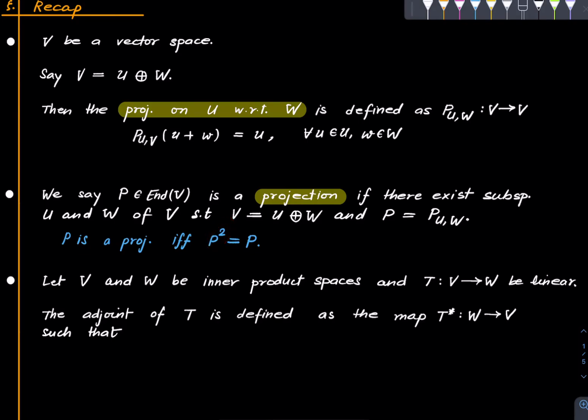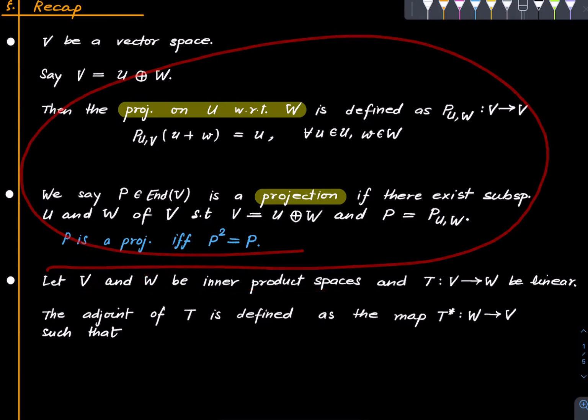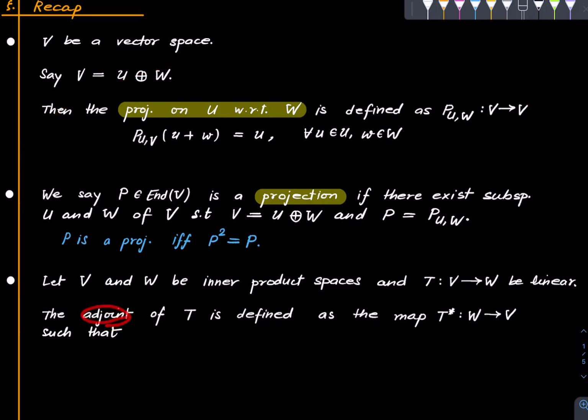Now let V and W be inner product spaces. So that's so much for projection. Now we are going to recall the notion of the adjoint. Fix two inner product spaces over the same base field, either real or complex, and fix a linear map T from V to W. And the adjoint of T was defined as the map T star, which is from W to V, via this diagram.